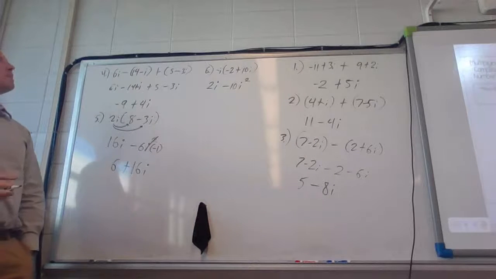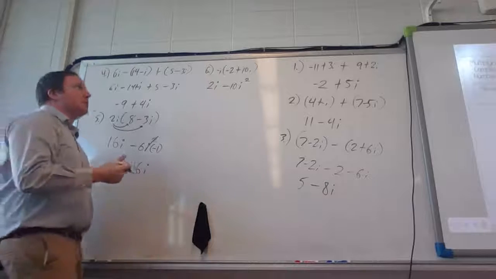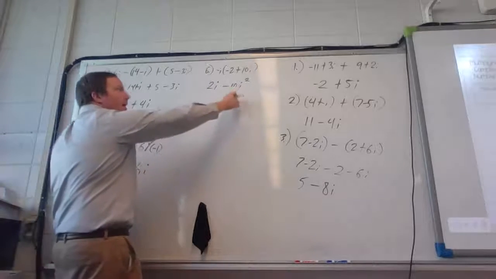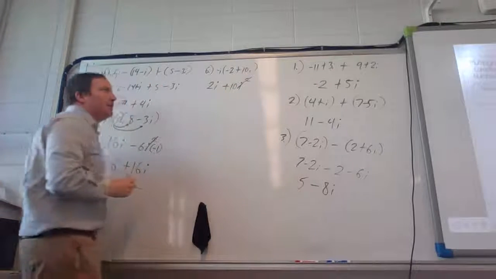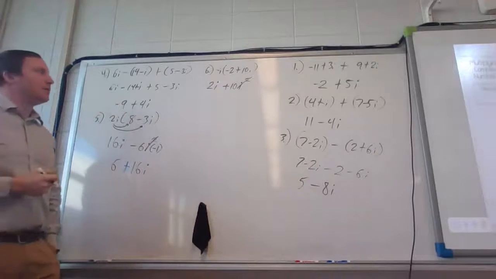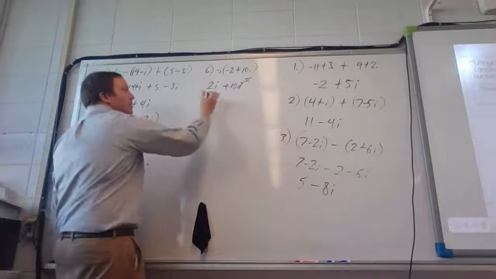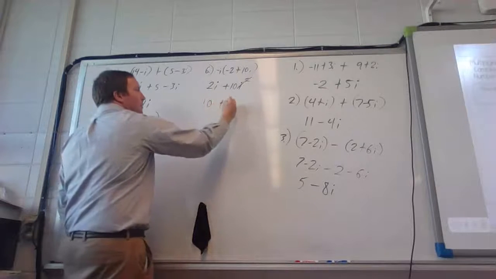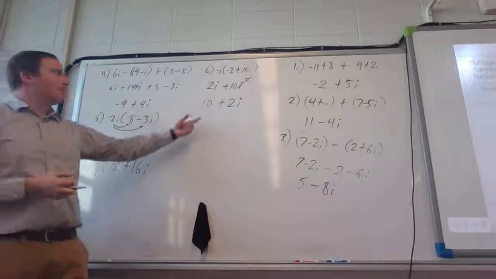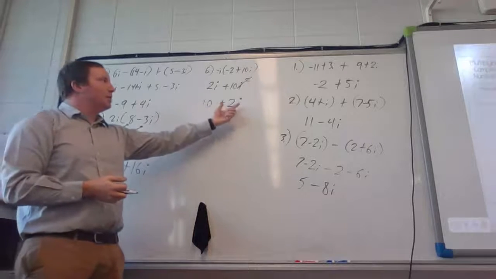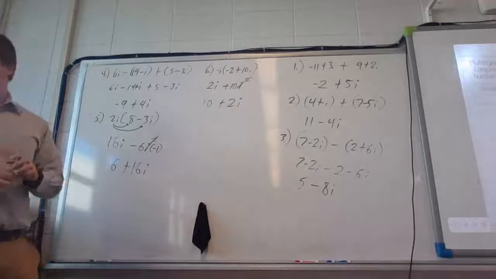And then i squared is equal to -1. And because those two are multiplying, we can really just mark out that i squared and change the sign of that 10. So it becomes -10 or positive 10. So then we get 10 plus 2i, because again, we want to keep it in that standard form for complex. Your real, then plus your imaginary. Okay.